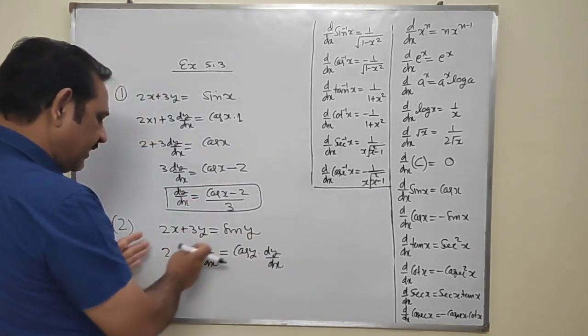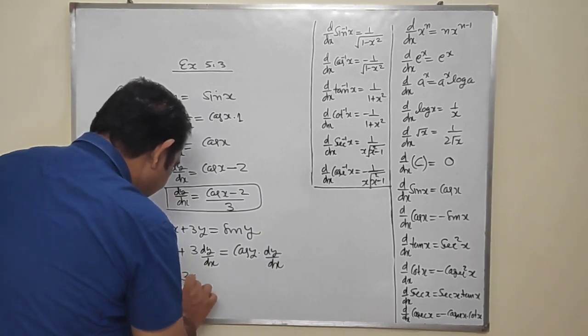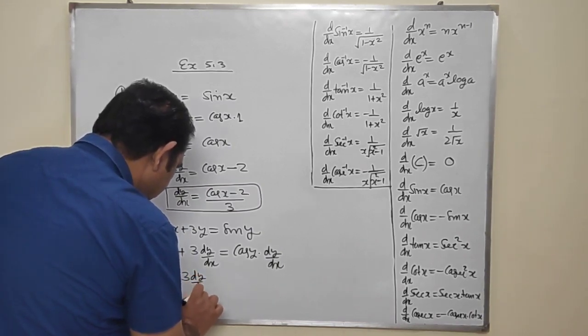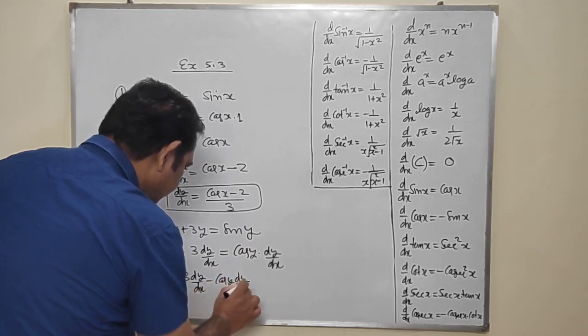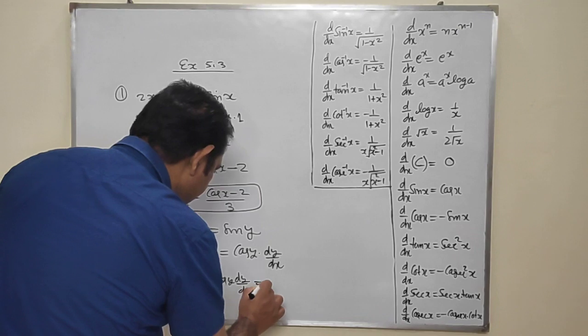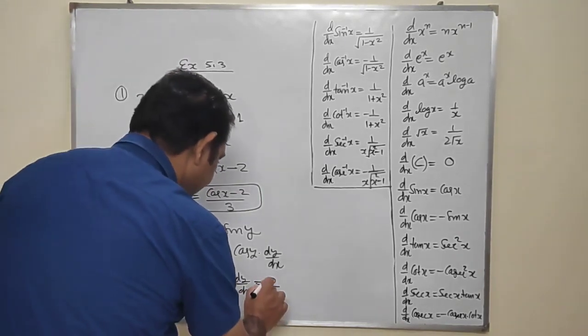Now take dy by dx on one side: 3 dy by dx minus cos y dy by dx is equal to minus 2.